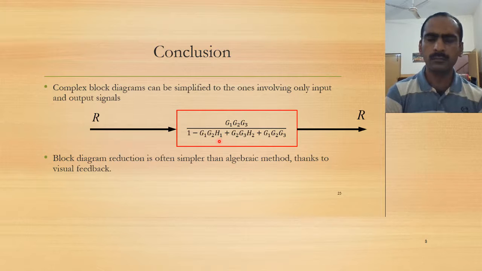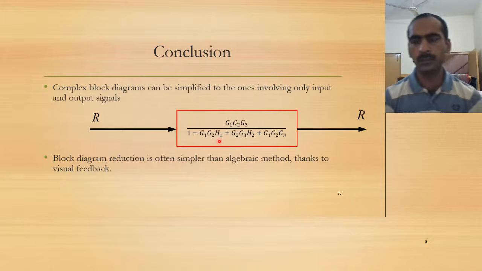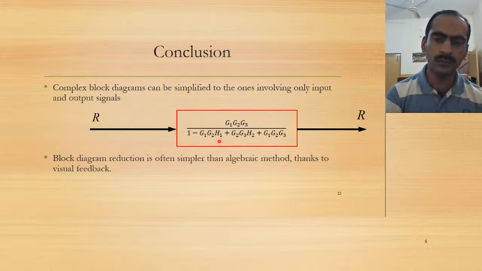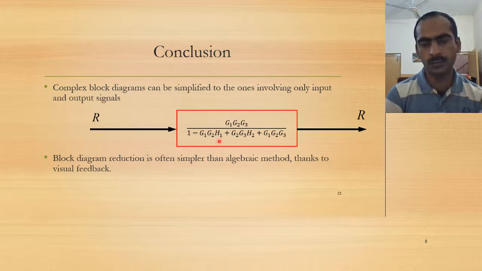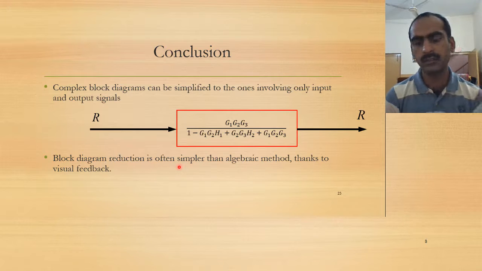What we mean by block diagram reduction is we have multiple blocks, multiple signals, and we compress them into a single block, given a relation between the input R and the output C, sorry, this should have been C. And then the block diagram reduction is often simpler than the algebraic method.